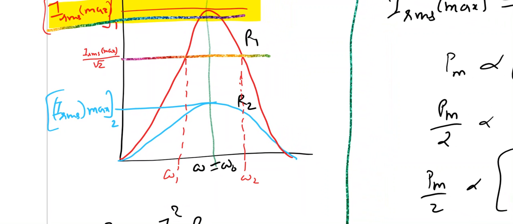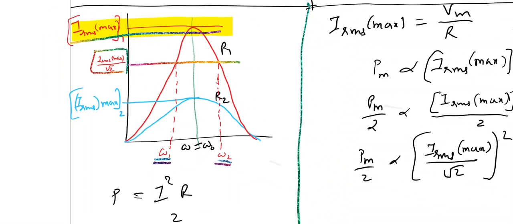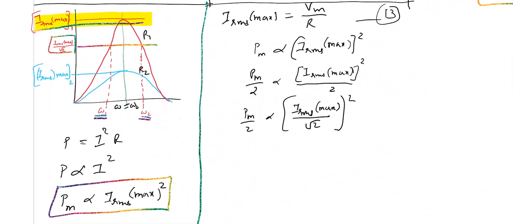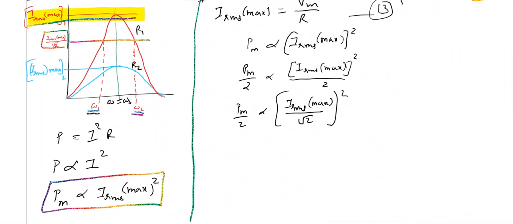So when the source has angular frequency omega 1, the current in this circuit is IRMS max by root 2, and the same is the current when angular frequency is omega 2. So I can say that if angular frequency is more than omega 1 and less than omega 2, power in the circuit is more than half and less than maximum power.